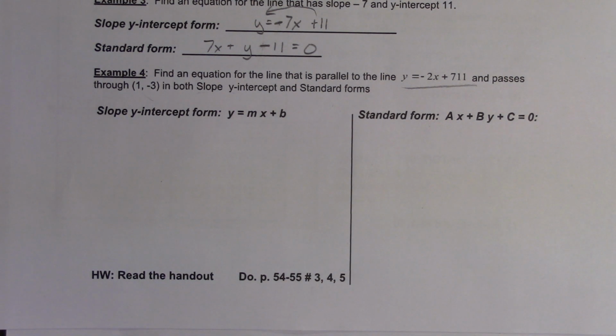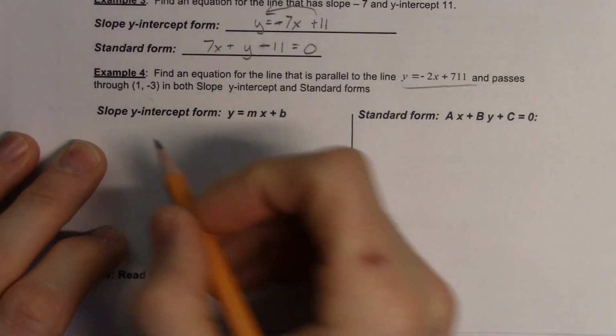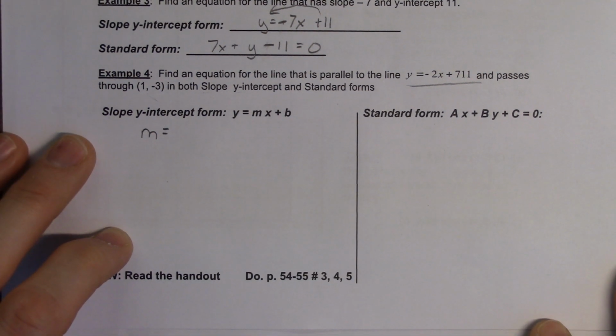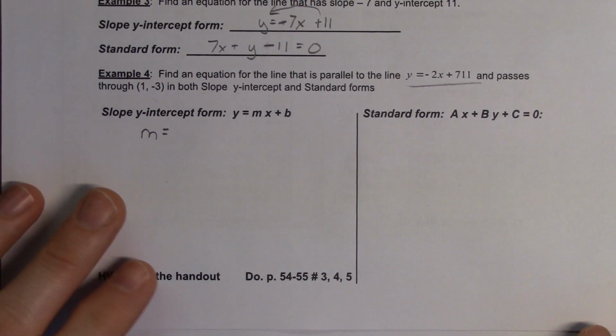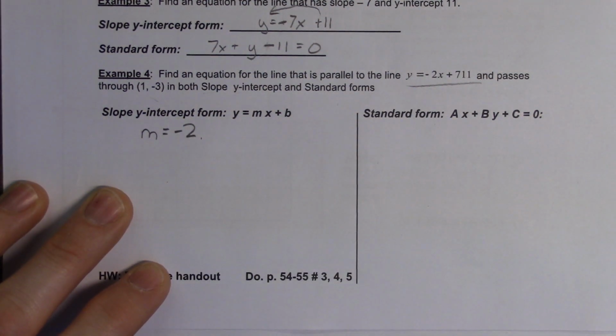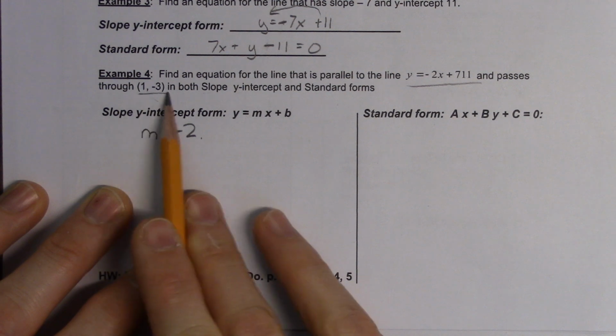The same slope? Yeah, when two lines are parallel, their slopes are the same, right? Whether they're like this, their slopes are going to be the same, or like this, their slopes are the same, right? So we know then the slope for this line we're trying to find is what, Milkias? Minus 2. -2, excellent.